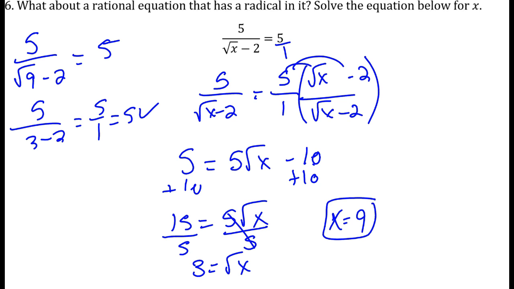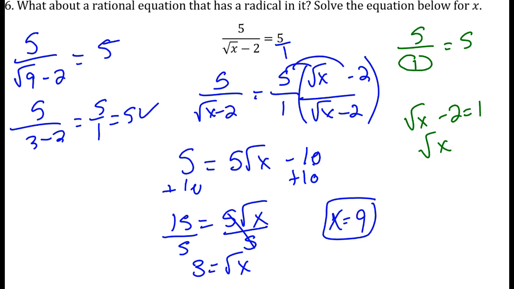Now this is where that seeing structure thing comes into play. After I picked this problem to put on your homework, I said, wait a minute. 5 over what has to give me 5? Well, 5 divided by 1, so that number down there has to be 1. So the square root of x minus 2 has to equal 1, because 5 divided by 1 is the only way to get 5.